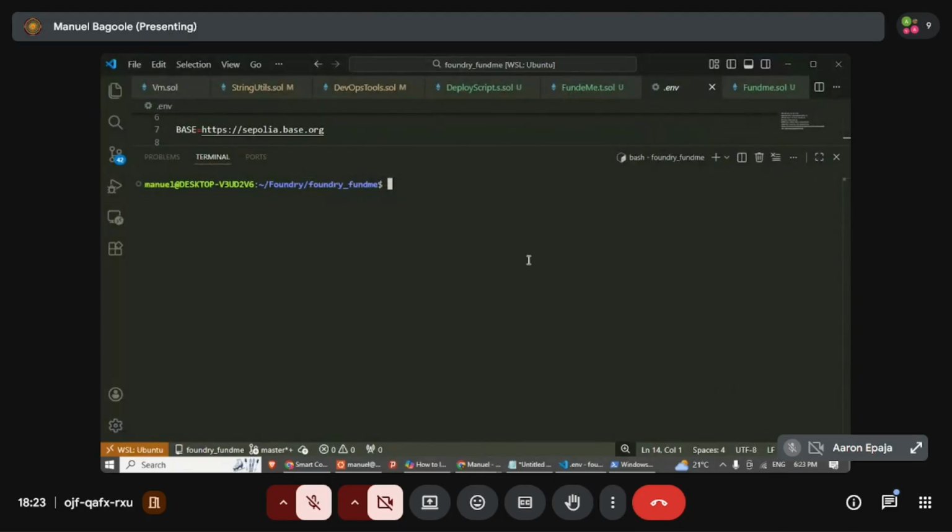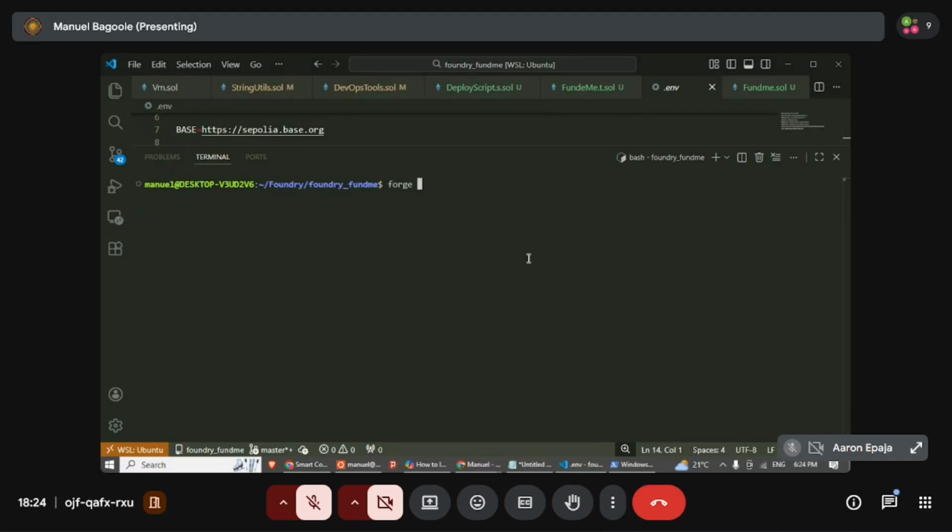Alright. So for instance, if I wanted to just find out the chain ID of a specific chain, I want you to notice something. I don't actually need an account to do that.